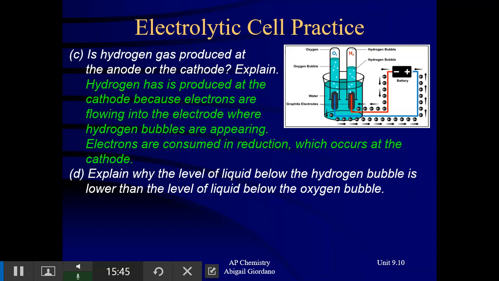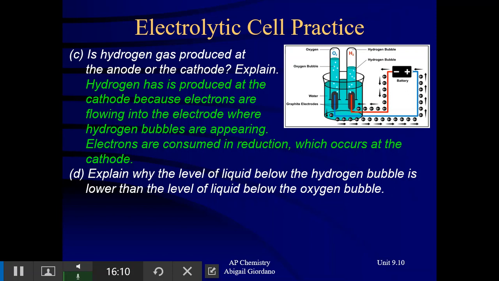Remember, electrons still flow from anode to cathode. In that drawing on the right-hand side, I can see that the electrons are flowing to the hydrogen compartment. Electrons are consumed in reduction. That's where reduction takes place at the cathode. So the hydrogen gas is produced at the cathode.